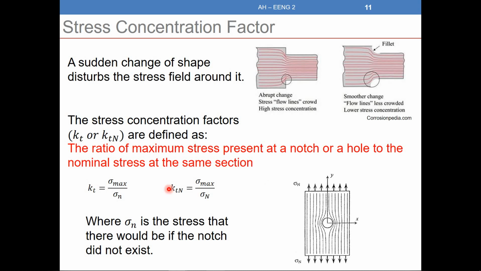It depends on the geometry and on the type of the discontinuity, as you can see. If the hole or the notch here is bigger, the stress concentration will be different. So we have a lot of geometrical parameters that will affect it, but we need to understand that the stress concentration factor is the maximum stress around the hole divided by the nominal stress, which is the stress that we know, force over the area.